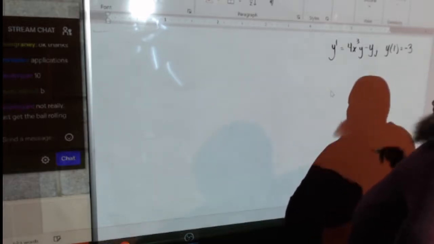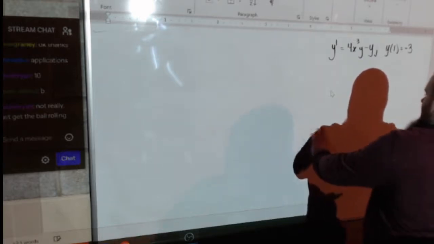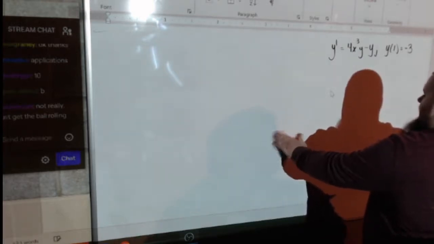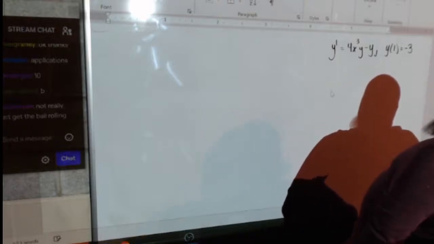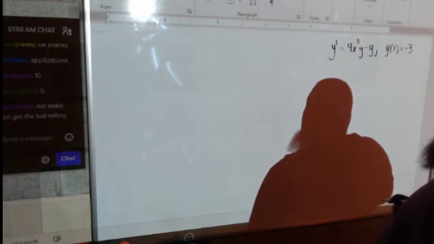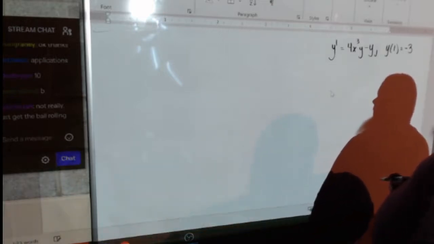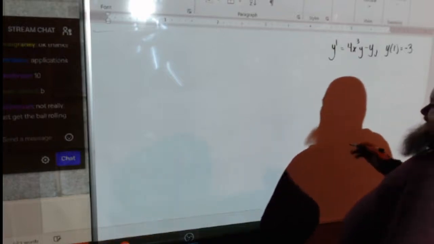The first question is, which method do I solve with? So is it integrating factor, or would it be better to do separation of variables? So I think this problem, we can do separation of variables quite easily, and that's always the easiest one.